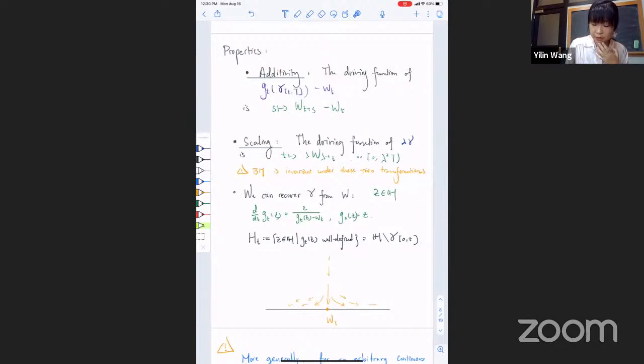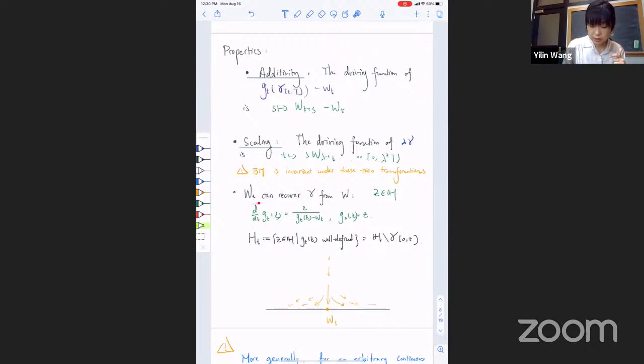So how can we recover gamma from W_t is that you just solve this. If I'm given this W_t, and I just solve this differential equation, there is this singularity in the vector field, which is going to attract a lot of points just above it. And W_t is a continuous function which has been moving on this real line. And this differential equation is only well defined if the flow doesn't hit the singularity.